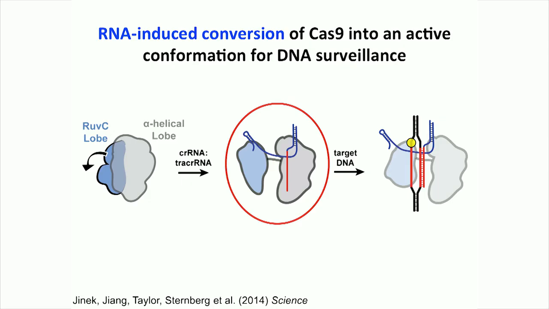So it was interesting to have a look at the structure of that protein. Those proteins are both in this pre-bound state over here. Then there are also now two crystal structures of Cas9 bound to DNA. They're not the structure illustrated in this cartoon.